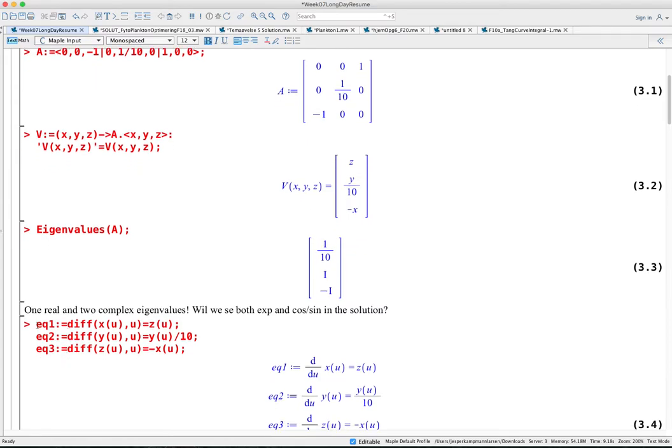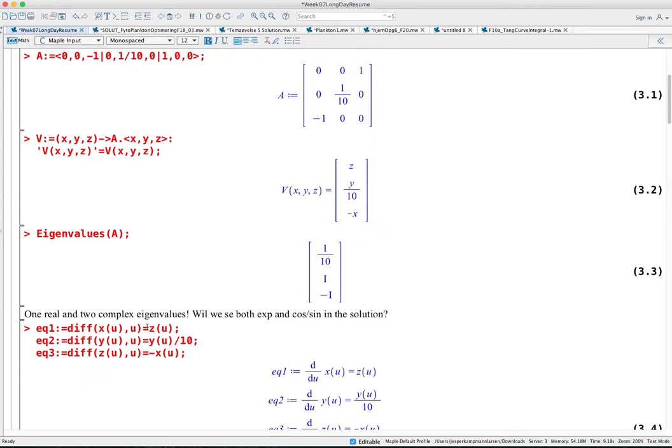But let me first explain to you what the differential equations are. You see here, the derivative of the first component in your parametric representation is equal to the first component in your vector field, and the derivative of your second component in your parametric representation of your flow curve is equal to the second, and so forth.